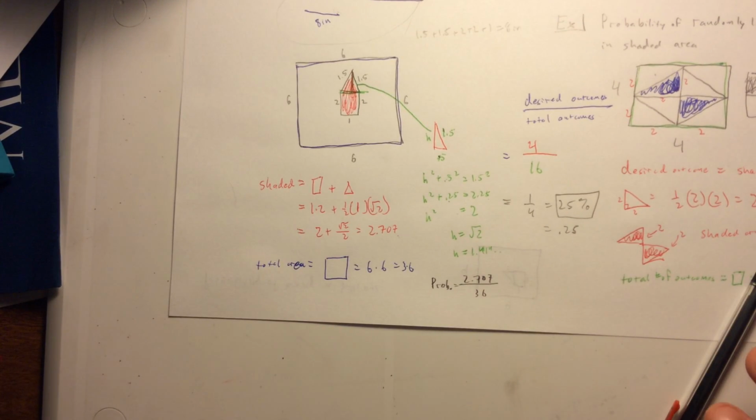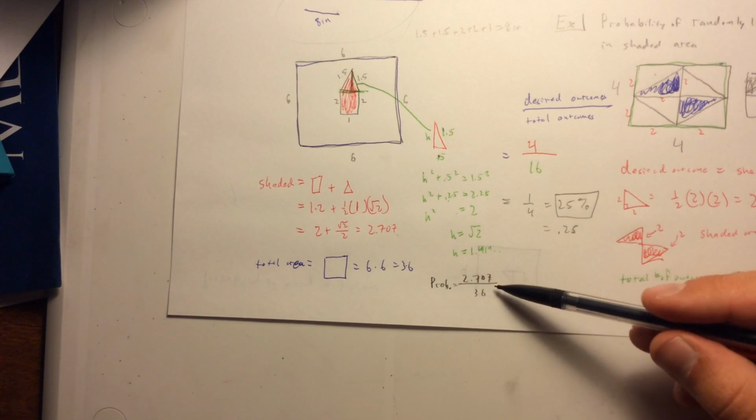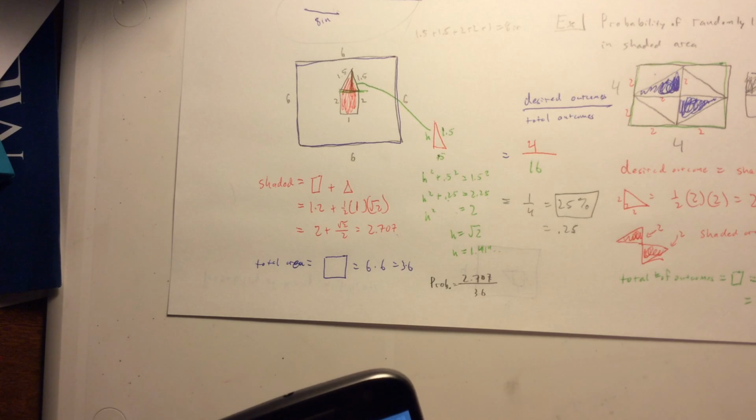Let me get my calculator here. I know it's going to be, hey, that rounds up to 3, so it's going to be like 1/12. And 1/12 is, what is that? Like 0.8 or something.